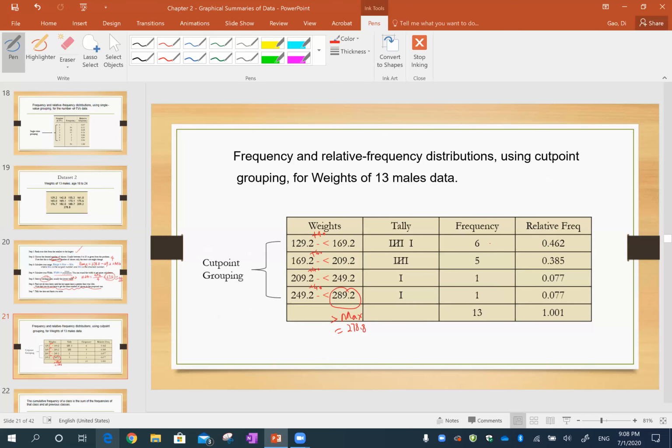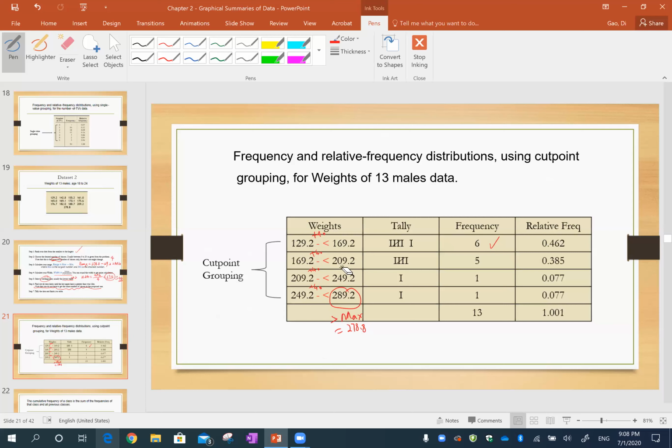So we put the frequency 6 here. And then the next one is 170.1, second class, 170.5, second class, 176.7, second class, 182, second class, 188.7, still second class. Then what about 209.2? You have 209.2 as the second class upper limit, and 209.2 as the third class lower limit.